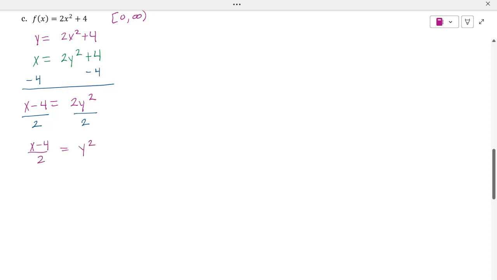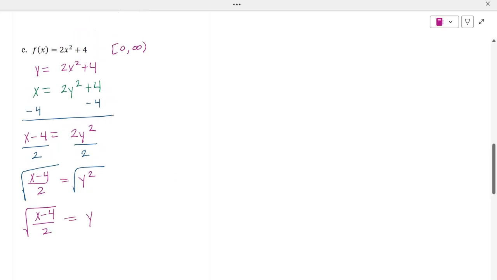And then we'll take the square root of both sides. So we're going to say that this is our inverse function. I'm going to write it up here. F inverse of x is equal to the square root of (x minus 4) over 2.